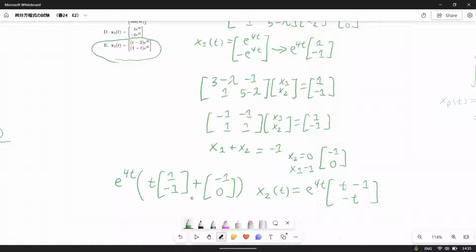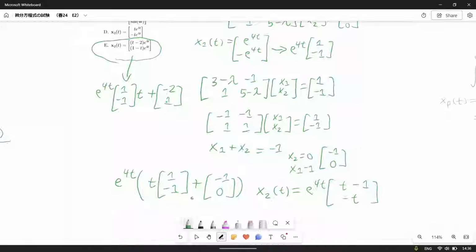If you split up this solution, it is equal to e to the 4t times the original eigenvector of 1 and negative 1 times t plus negative 2 and 1. This answer uses negative 2 and 1 as the numbers, whereas I use negative 1 and 0.